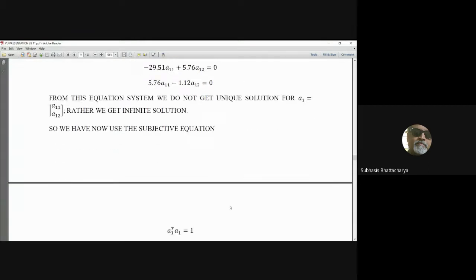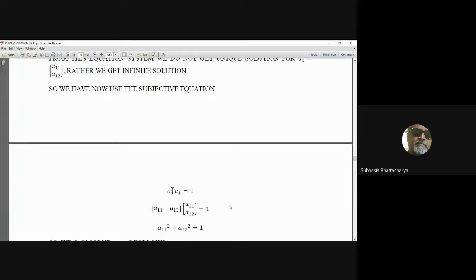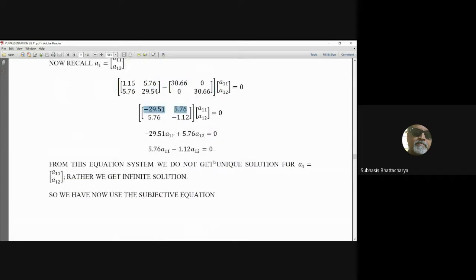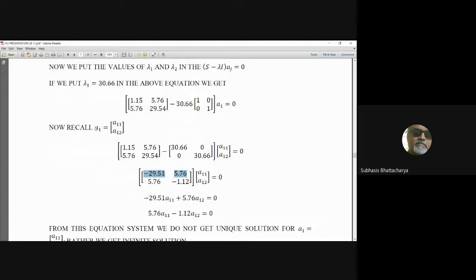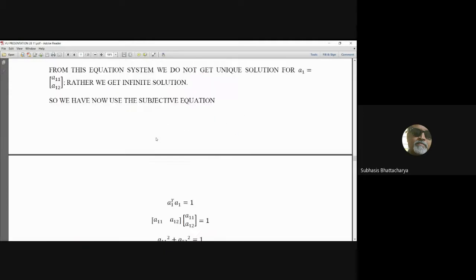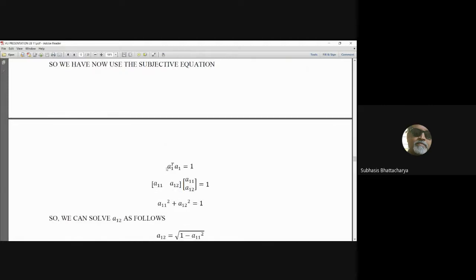That is A1 transpose A1 is equal to 1. What is A1? A1 is A11, A12. If I take the transpose, the column vector becomes a row vector, and the original is the column vector.